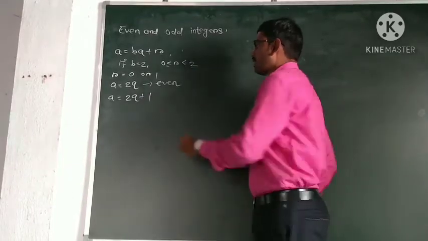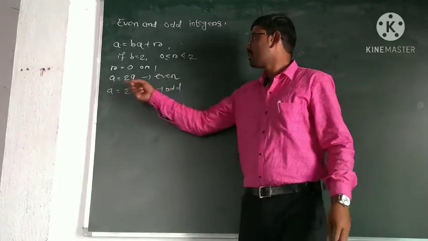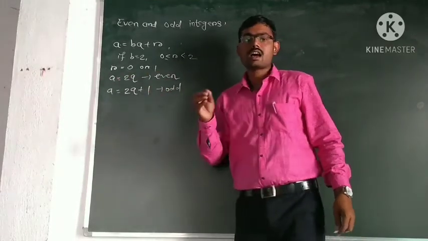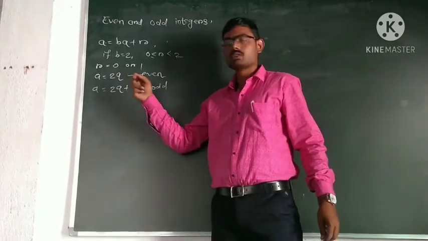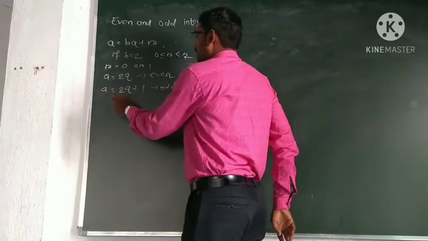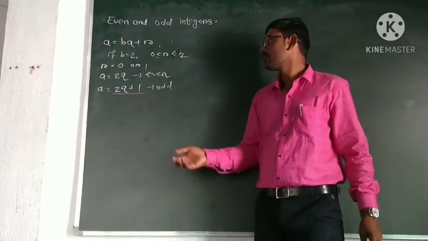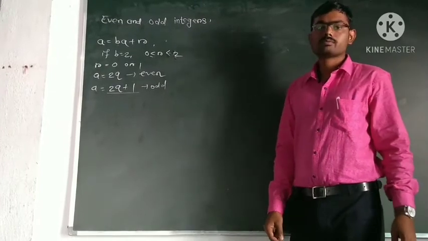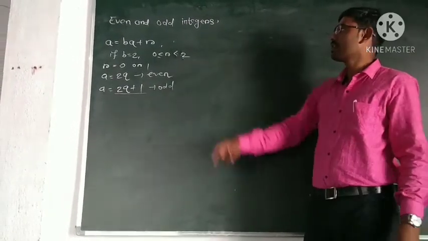Such integers are called odd integers. So even integers are represented by 2 times q, or 2 times k, and odd integers are represented by 2 times q plus 1, or 2 times k plus 1, etc. Then we will see one example based on even and odd integers.